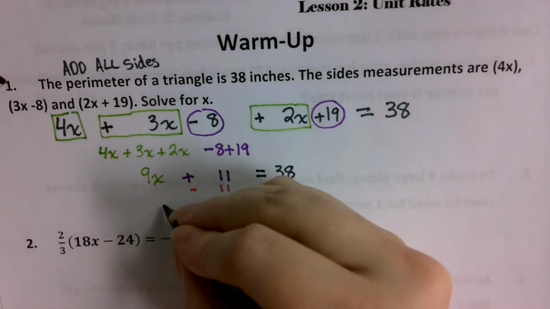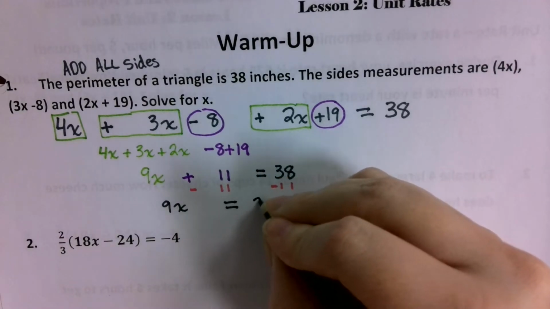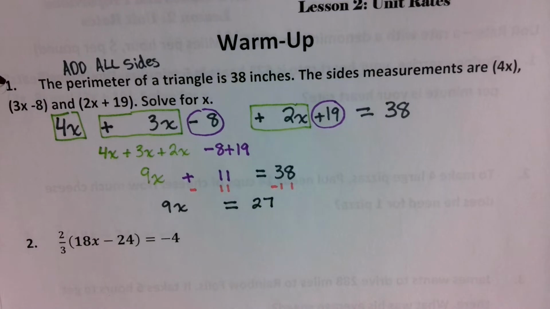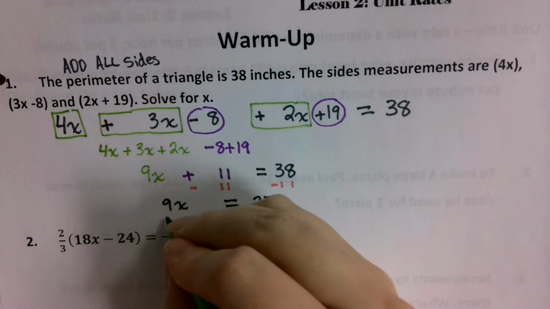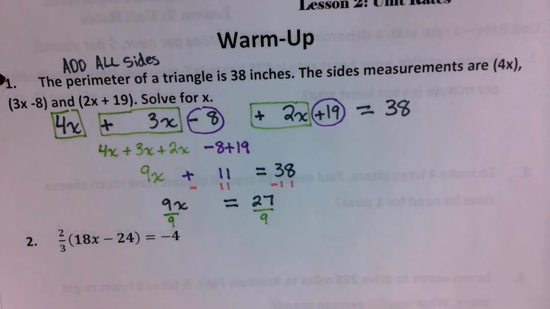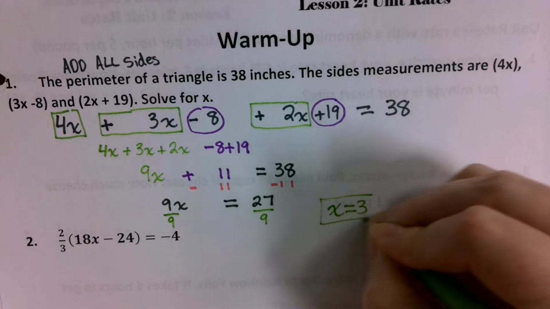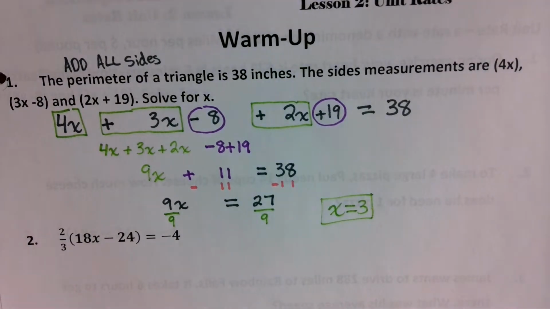It's going to give us 9x, which is now equal to 27. What is the last step that we need to do here, Caleb? Divide. So we're going to divide by 9 on both sides, and we'll get that x is equal to 3.